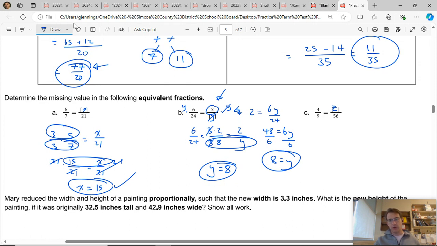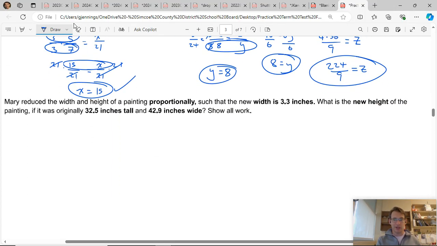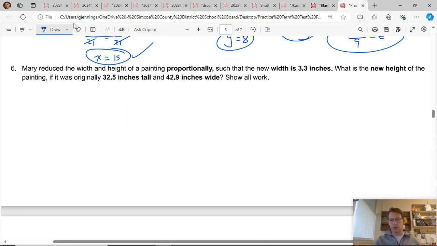So I have 4 times 56 over 9 is equal to Z. Okay, this is nasty. This is spicy, kind of. Okay, so 4 times 56 happens to be 224. 224 over 9 doesn't share any factors with 9. That's equal to Z. That's done. Final answer. There's no way you can do that without algebra, I don't think, unless you're some kind of computer. All right, the computer would use algebra. All right.